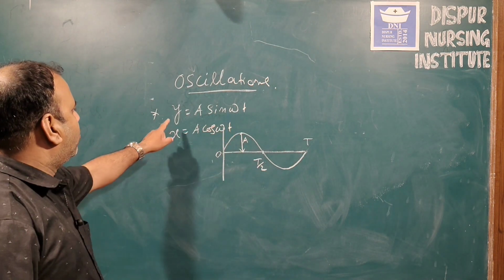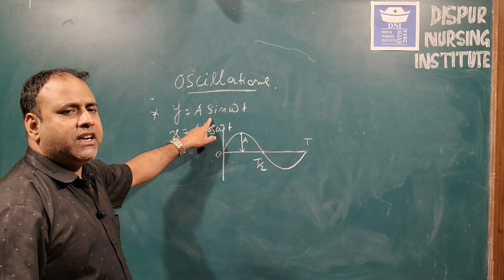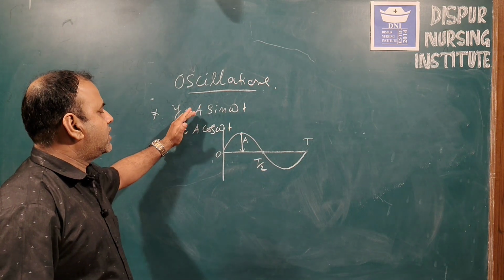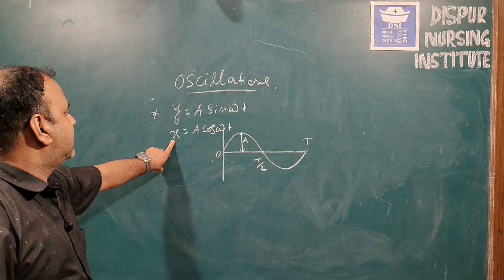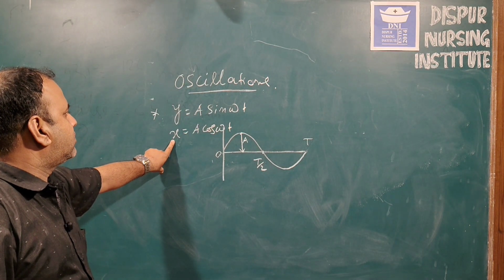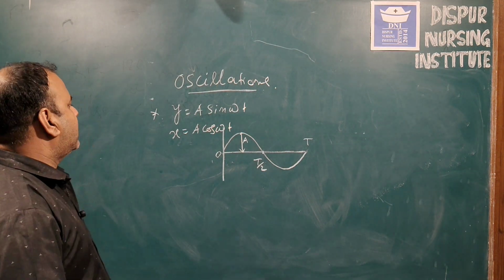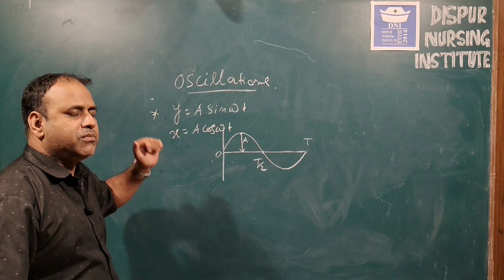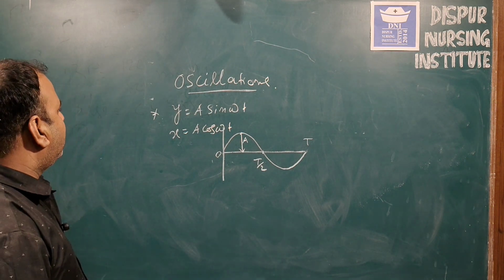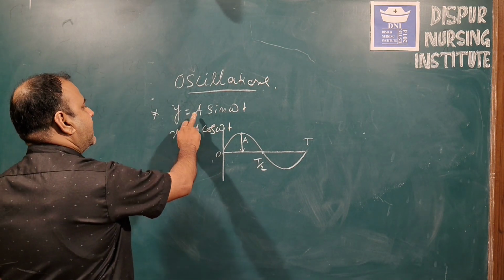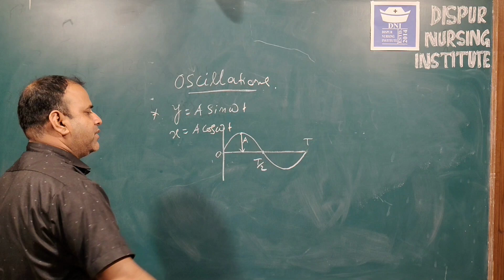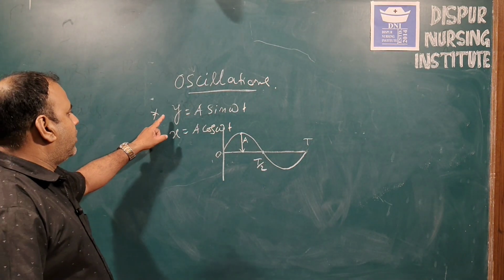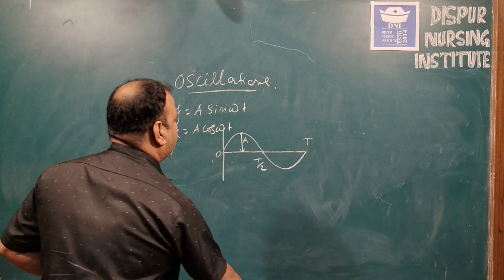The first is oscillation along the y direction, and the second is the oscillation of particles along the x direction. So there are displacement along the x direction as well as along the y direction. Here y is the displacement, a is the amplitude, and omega is called the angular frequency. So this is the formula, the equation of a wave.